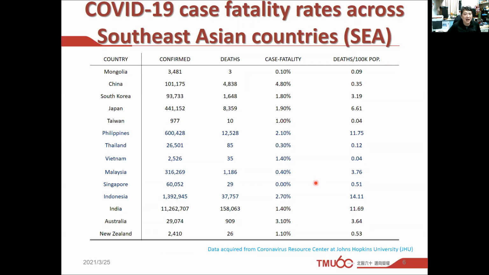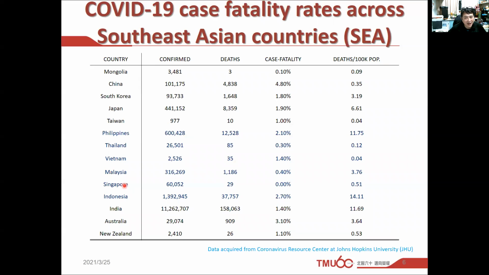Okay, I'm going to use this chart to show you how the Southeast Asian countries performed during the COVID-19 pandemic. Let's look at those countries: Philippines, Thailand, Vietnam, Malaysia, Singapore.